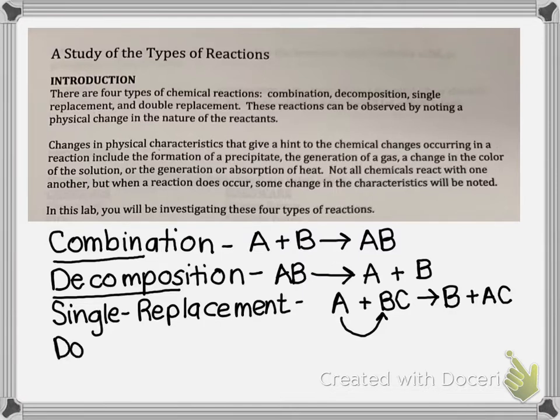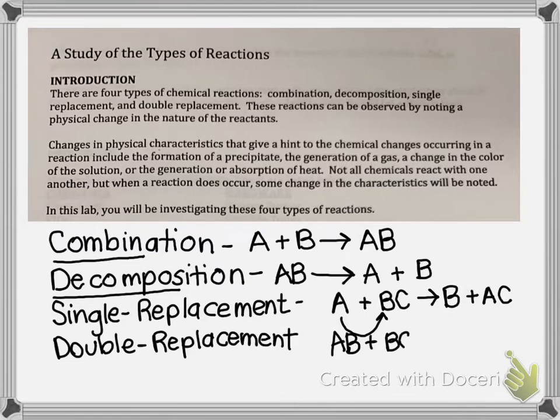And then we have a double displacement series, or double replacement. Either one, displacement or replacement, is acceptable. And in double displacement, we have a switching of partners. So we have ionic compounds, and so they have both a cation and an anion. And they switch partners.